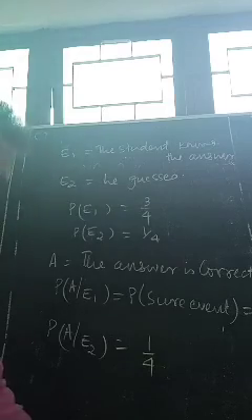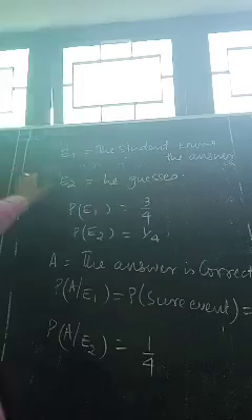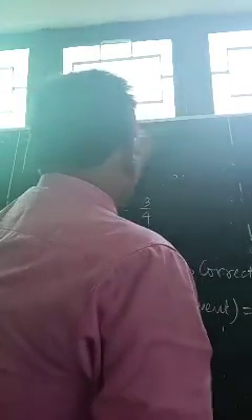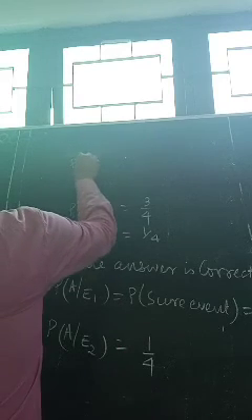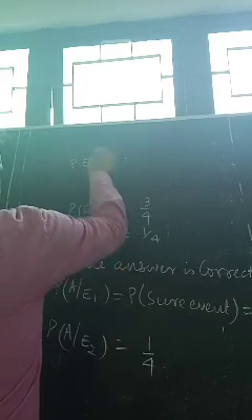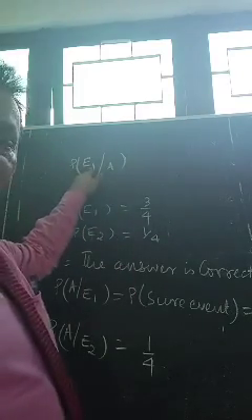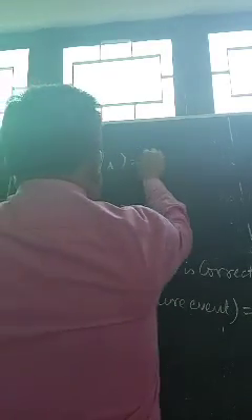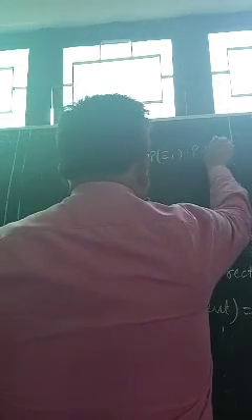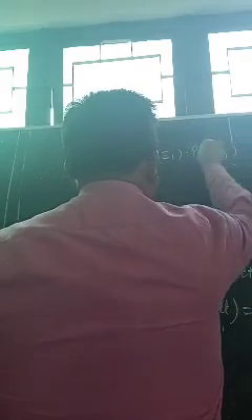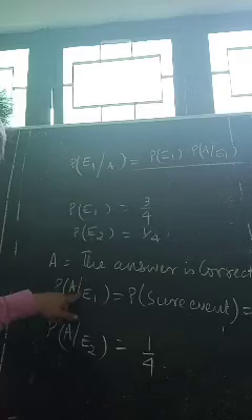Now your question is, what is the probability that he knows the answer and it is correct? Means you are asked to find out probability of he knows it, given answer is correct. This is what you want to find out. What is the formula here? Probability of E1, A condition E1 by total probability. Total means 2 events we have here.